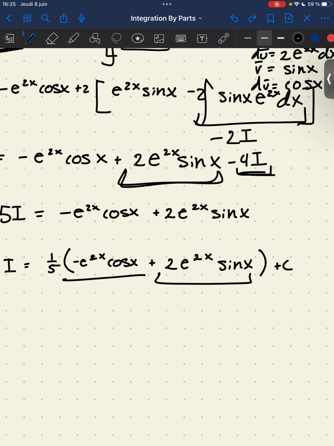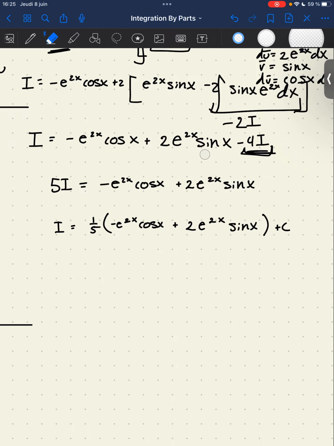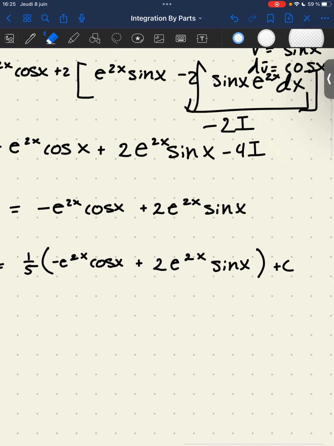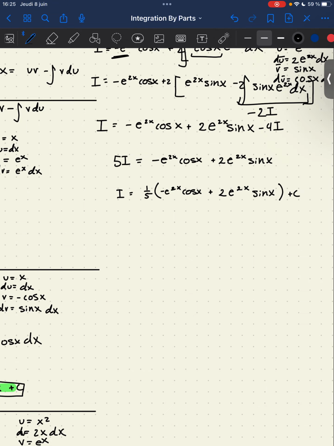So these two are correct. And this is just basic algebra from here. Add a 4 gives you 5. And these are correct as well. So yeah, this question is correctly written and correctly answered. I don't know why on my answer sheet it was different.